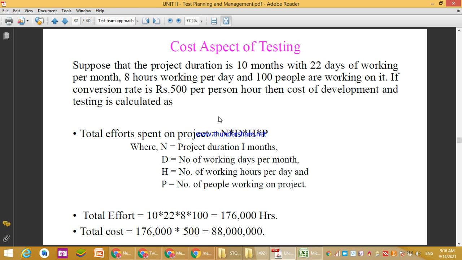Number one variable, duration in months, duration in days, then duration in hours, then the total number of people who are included in testing, and the cost or the price we are applying to those 100 people throughout the particular period.